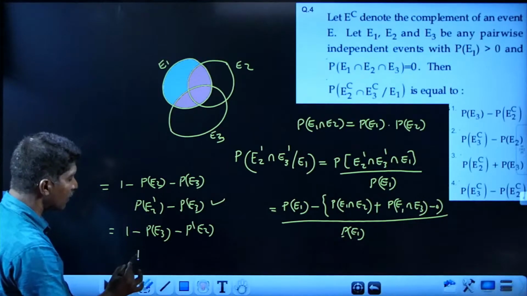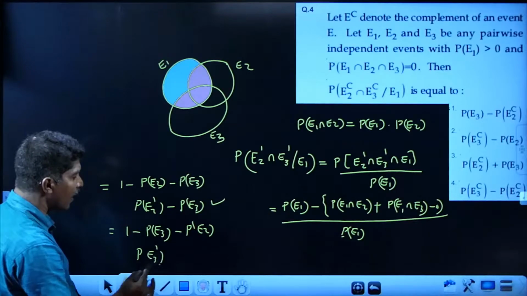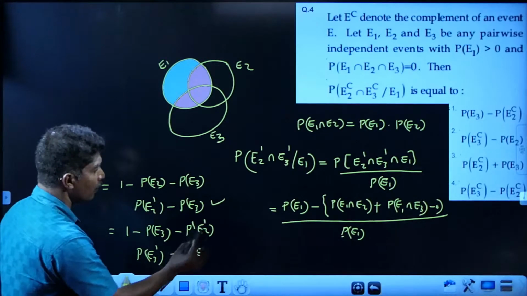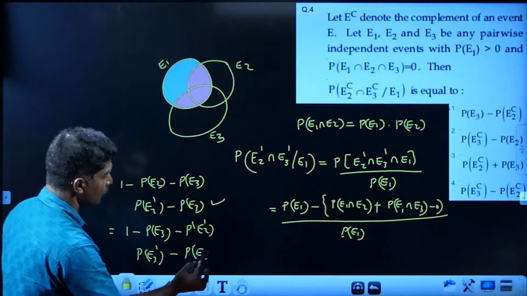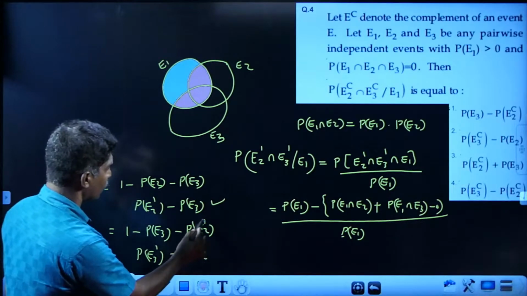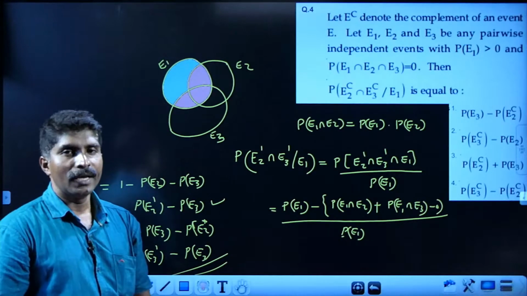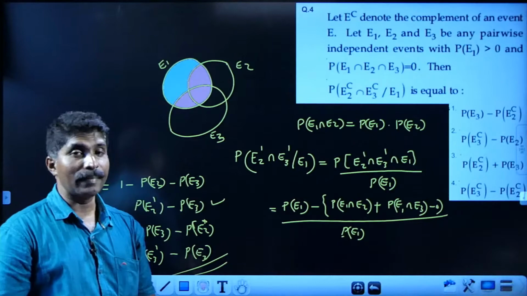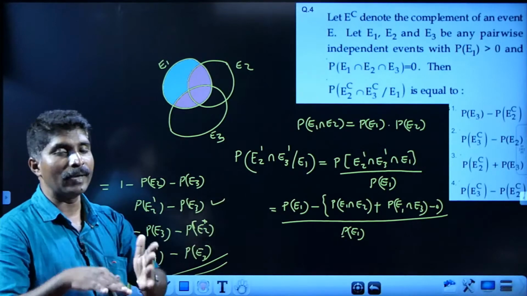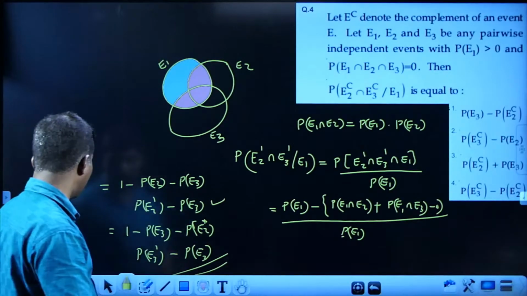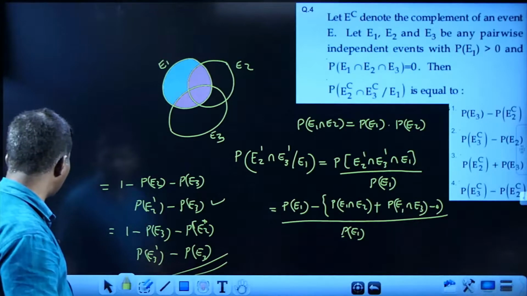This is nothing but probability of E3 dash minus probability of E2. Okay, this answer is there. So even if you are getting a right answer, there may not be an option there. So we may be going to the next possibility of right answer. Okay, so again a very simple problem for you.